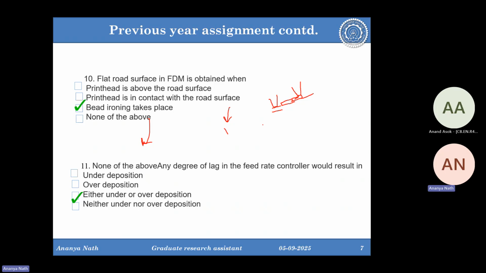If there is lag in the feed roller and your print speed is also sacrificed due to that, there will be over deposition. So either of it. Okay, we missed this option. Bead ironing is basically the print head being in contact with the road surface, which I have shown here.